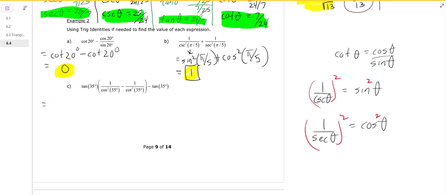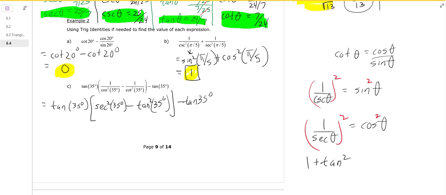Next thing we'll look at is kind of the same idea. This one, I'm going to bring down the tangent of 35 degrees. 1 over cosine squared could be written as secant squared 35. 1 over cotangent is tangent, so that could be written as tangent squared 35 degrees. And then I have minus tangent of 35 degrees. There's a variety of ways you could do this, but there is this identity: 1 plus tangent squared theta is equal to the secant squared theta.